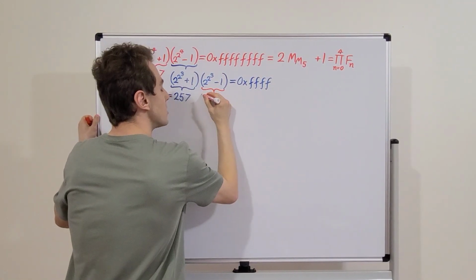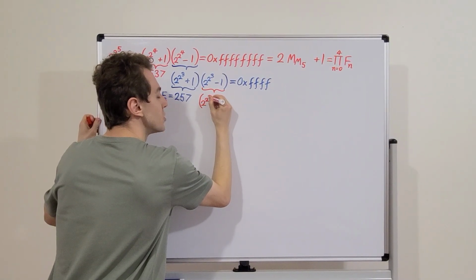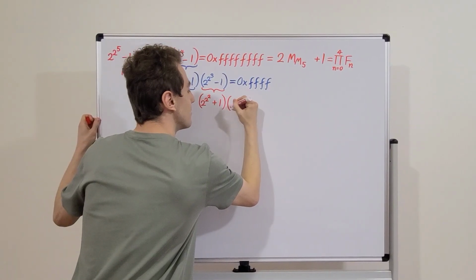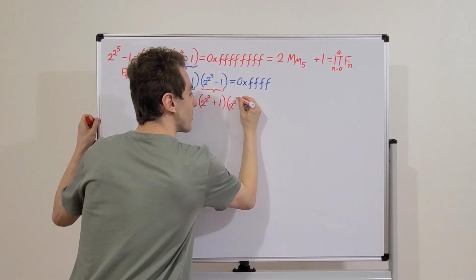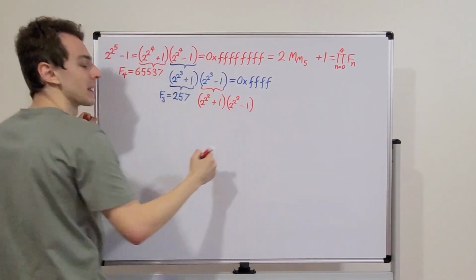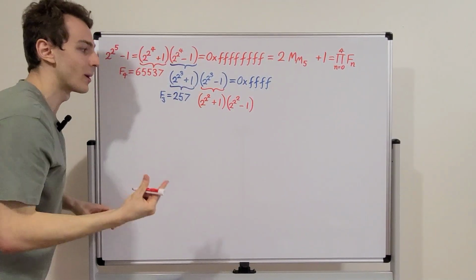We can break it apart into 2 to the power of 2 to the power of 2 plus 1, times 2 to the power of 2 to the power of 2 minus 1. And then we can identify this factor with a plus sign as another Fermat prime.